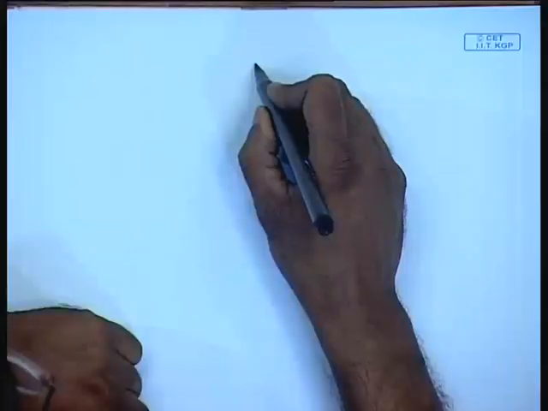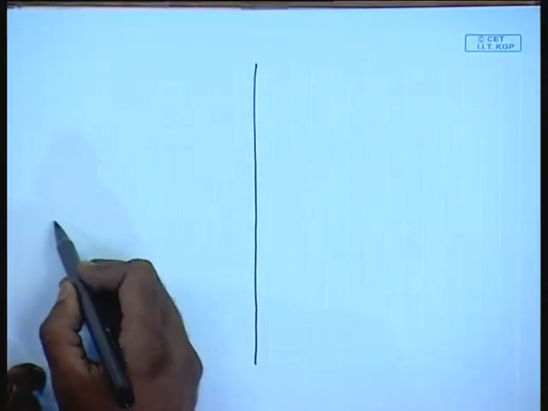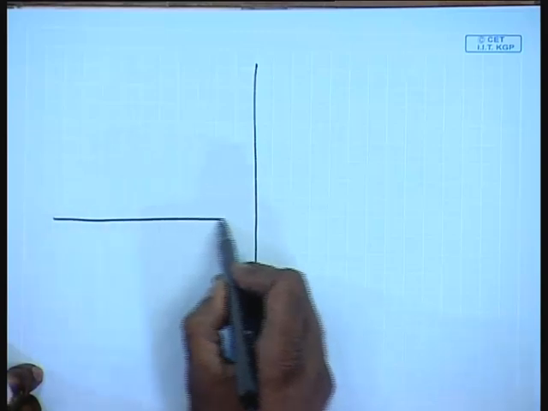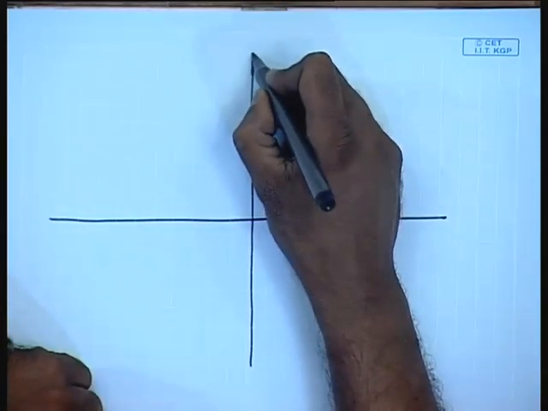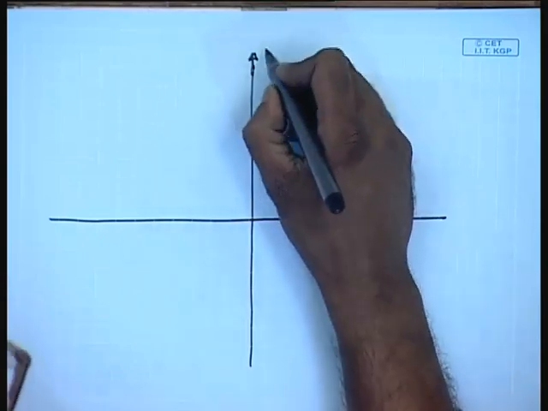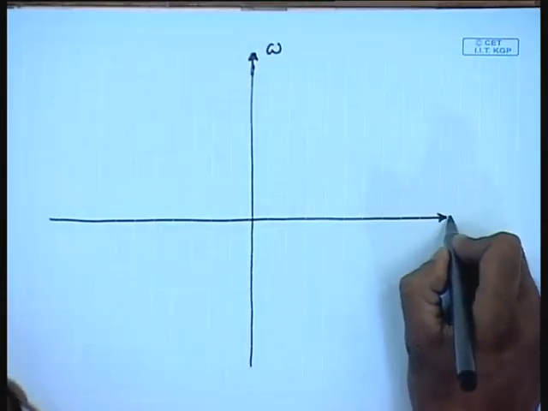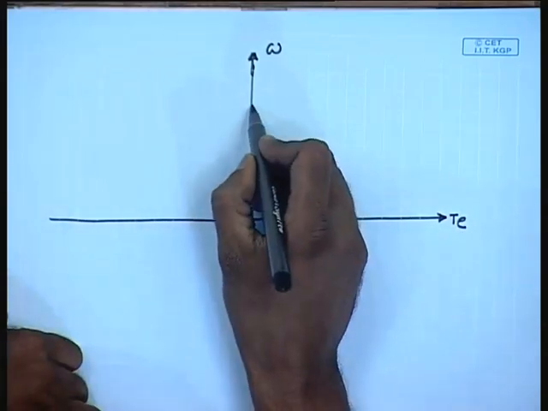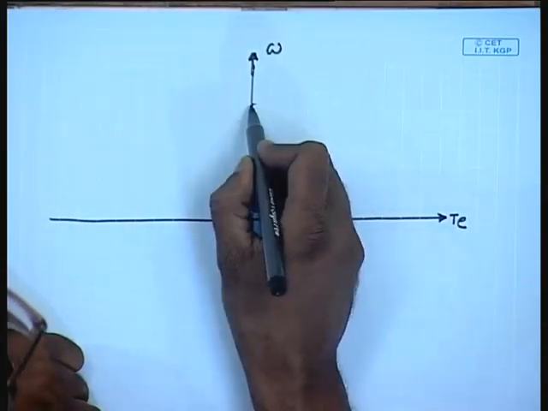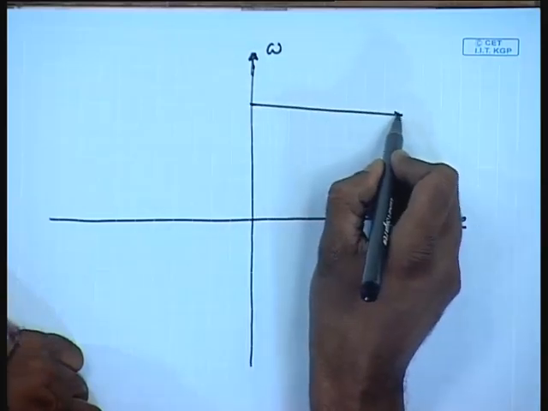So, what will be the characteristics? So, this was the nominal torque speed characteristics of the motor.